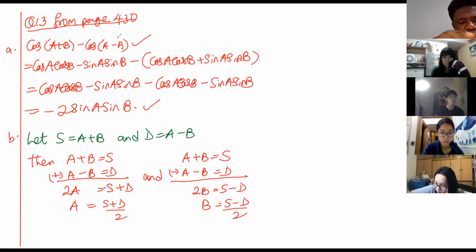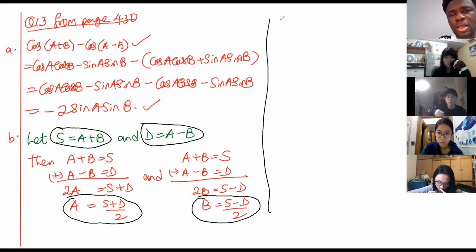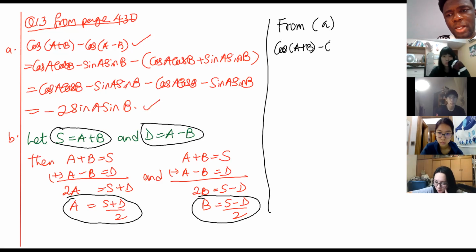Now you can see that we have A, B, S, and D. So from part A, cos(A+B) minus cos(A−B) is equal to minus 2 sin A sin B. This is why A has to be obtained, and sin B, this is why we obtain B as well.